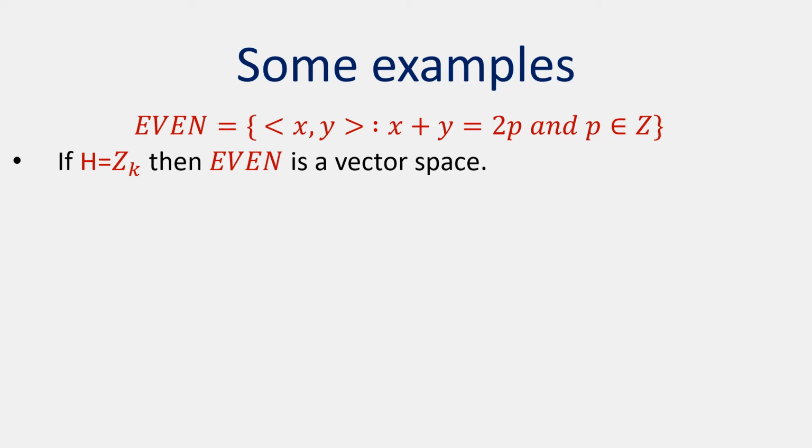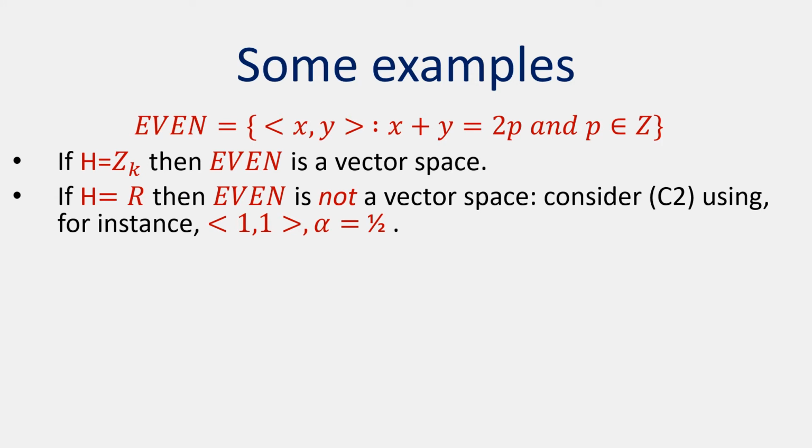Now that set is a vector space if its underlying components are formed from integers with arithmetic carried out modulo k. So the set 0, 1, 2 up to k minus 1. If we choose our underlying set to be the real numbers, however, then this collection is not a vector space.